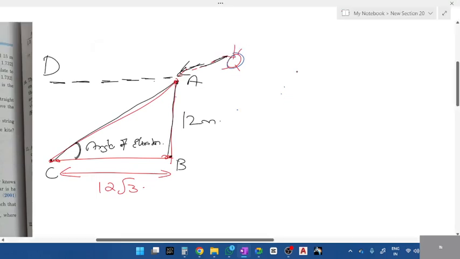So take angle C. From angle C, what is the height of the pole here? Is it AB or BC? From angle C, students, what's the height of the pole? See, what are the two values given? Can you tell me the two values? AB is given. From angle C, what do you call AB? Perpendicular, and BC?